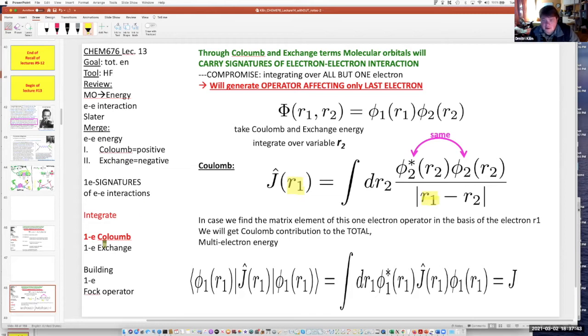So if our multi-electron wave function corresponds to one electron wave function, we may want to perform not the full evaluation of the electron-electron interaction, but partial. So we may want to practice integration only over one coordinate instead of both.